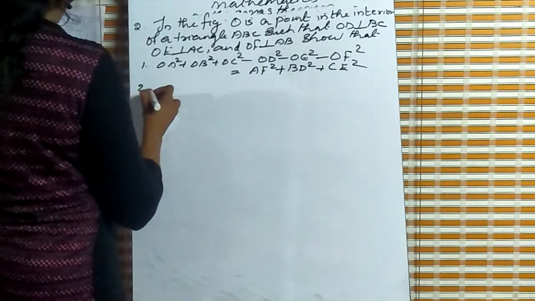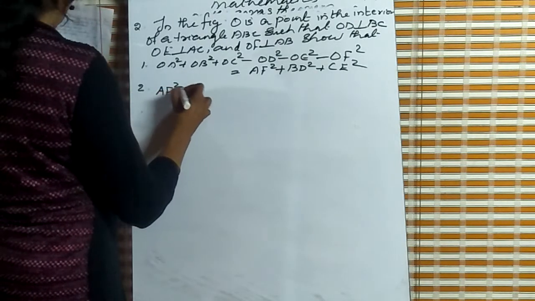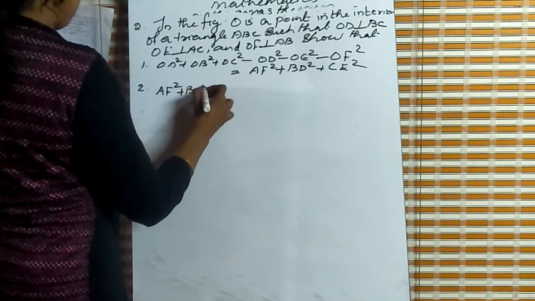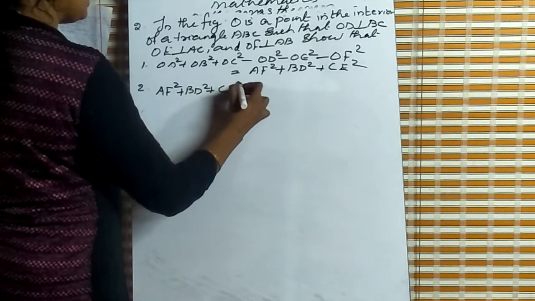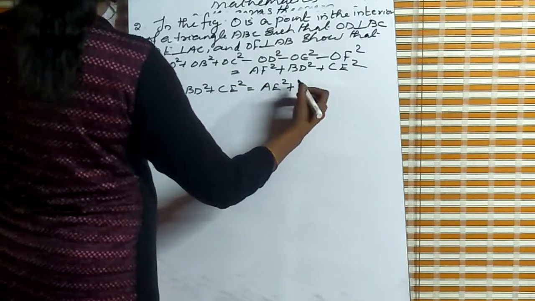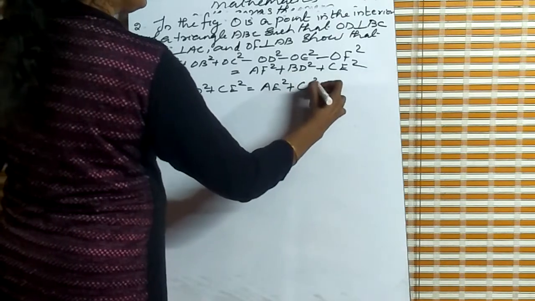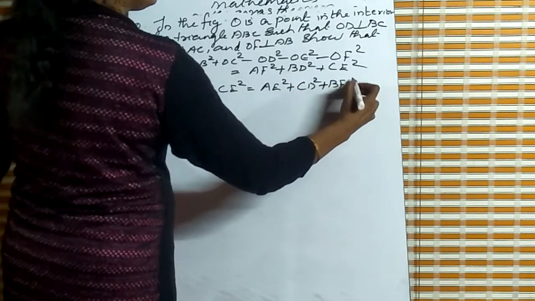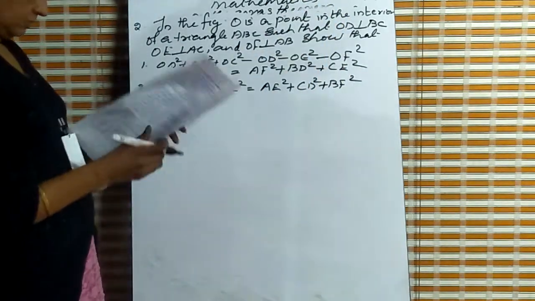Second question: AF square plus BD square plus CE square is equal to AE square plus CD square plus BF square. These are the two questions.